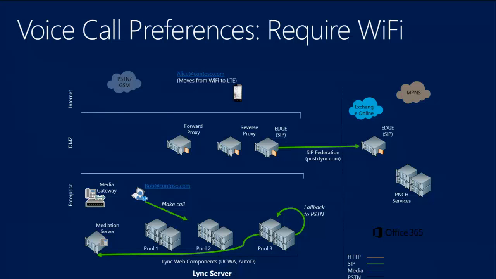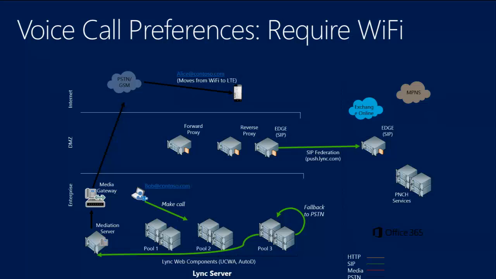Now we can send that call back out across the mediation server, out to the PSTN, off to the outer gateway into Alice, and now she receives that call, even though she's not on Wi-Fi, but it's still a Lync call. You as Bob, an internal user, called Alice, and she still received a phone call, but it happened to go over her PSTN or cellular network versus her Wi-Fi network.